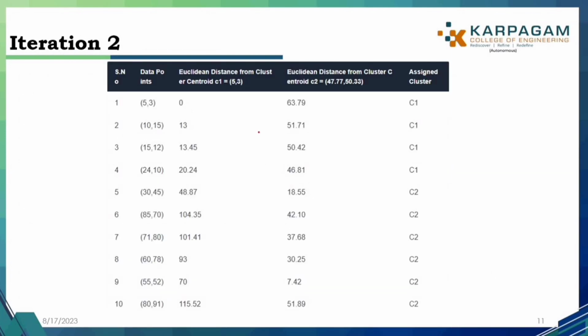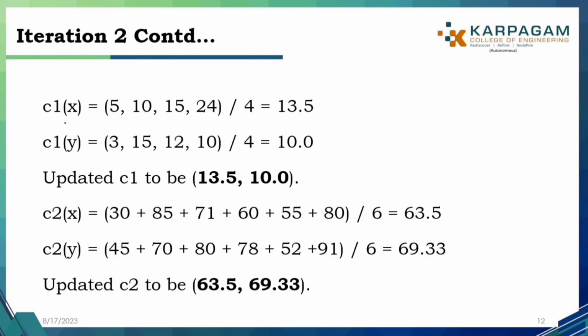In the second iteration, see the header, the C1 is the same but C2 is updated here. The same process is repeated. Here C1 now has 4 data points and C2 has 6 data points. The x coordinates are added separately and the y coordinates are added separately, and taking the average, we get 13.5 comma 10.